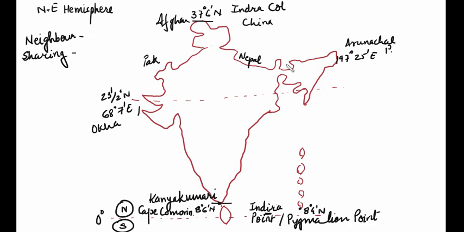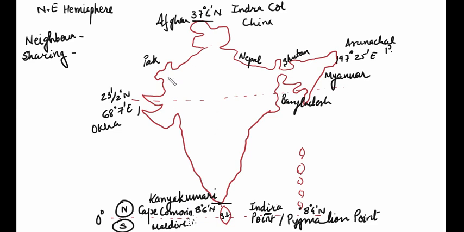Okay, this is Bhutan here, Myanmar on east, Bangladesh, then Sri Lanka, and one more country here in the form of island, that is Maldives.